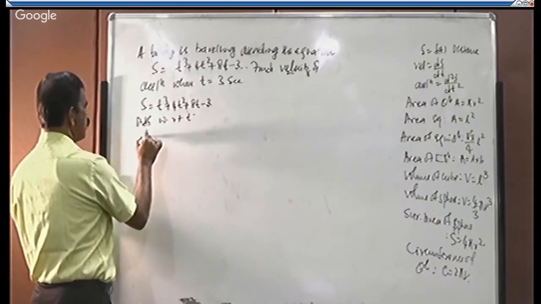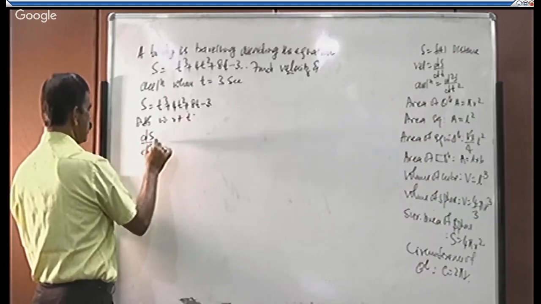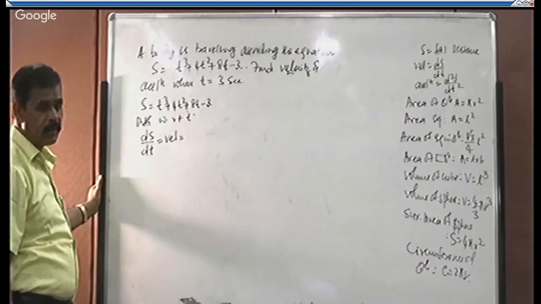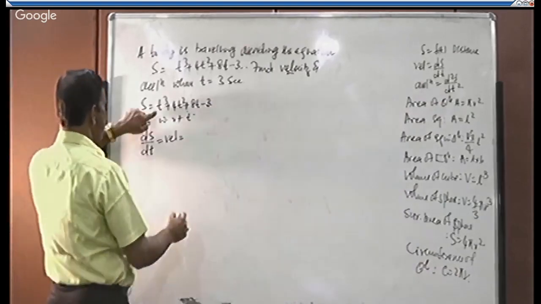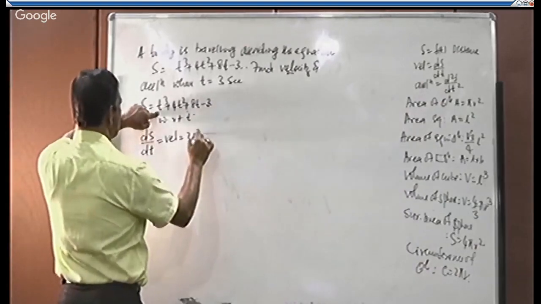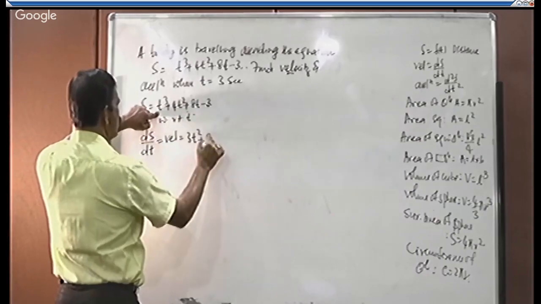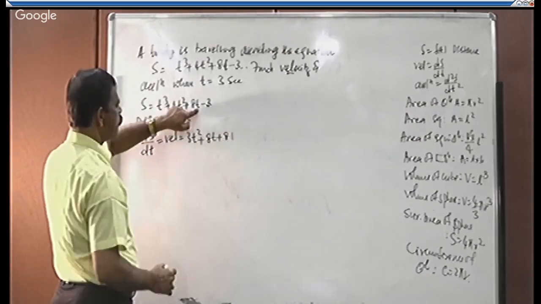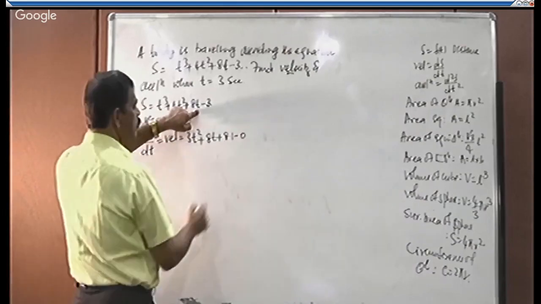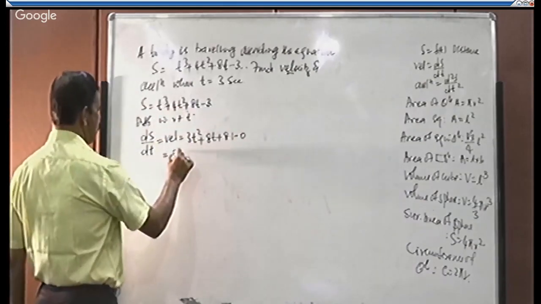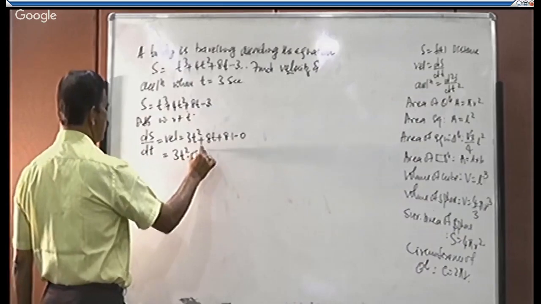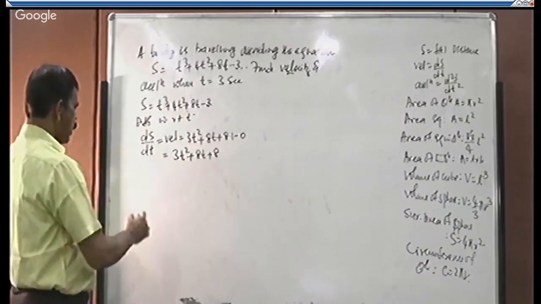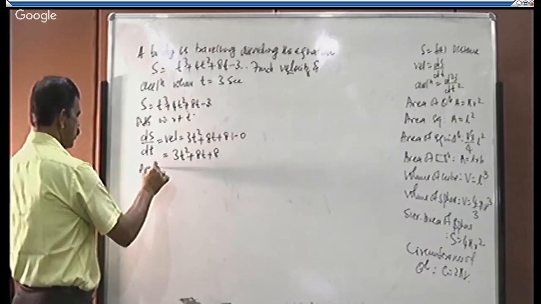We get ds by dt. That is said to be what? Velocity. Right? Velocity is rate of change of distance. 3t square plus 4 into 2, 8t, plus 8 into 1, for differentiation of t is 1. For 3 it is 0. 3t square plus 8t plus 8. This is velocity. Again differentiate this.